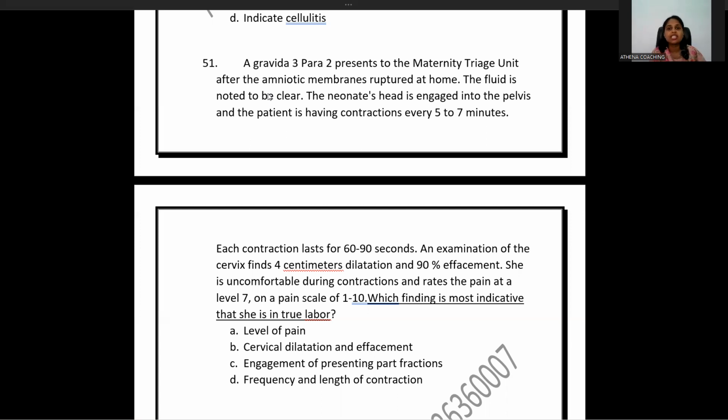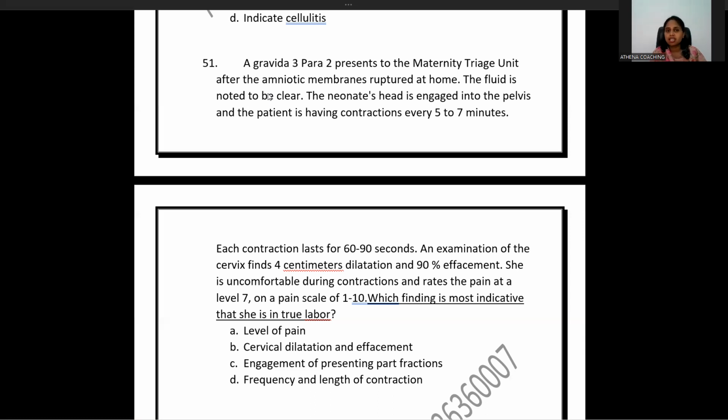Each contraction lasts for 60 to 90 seconds, which is a strong contraction. An examination of the cervix finds 4 centimeter dilation and 90% effacement. She is uncomfortable during contractions and rates the pain as 7. Which finding is most indicative that she is in true labor?